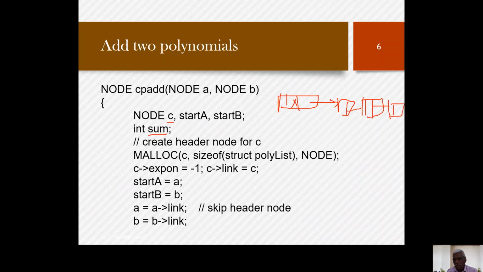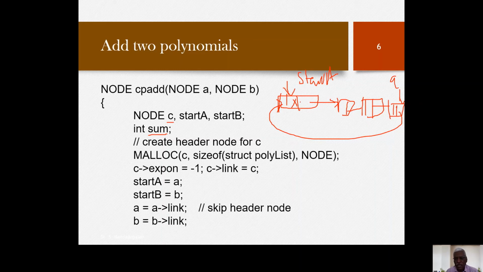So my last node, see, this is start A, right? So which will actually point to this header node start A, and A is actually going to browse through this, and when A reaches the last node, its link field actually points to it. So I can compare A with start A. As long as they are not equal, then I can keep doing it.